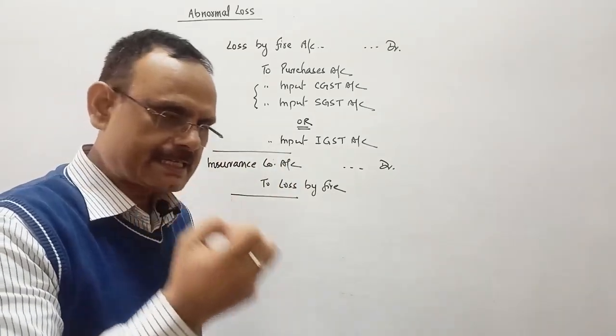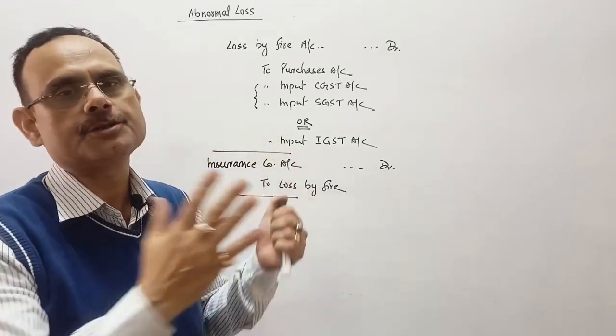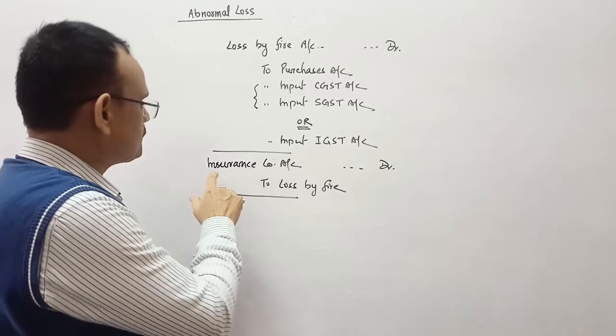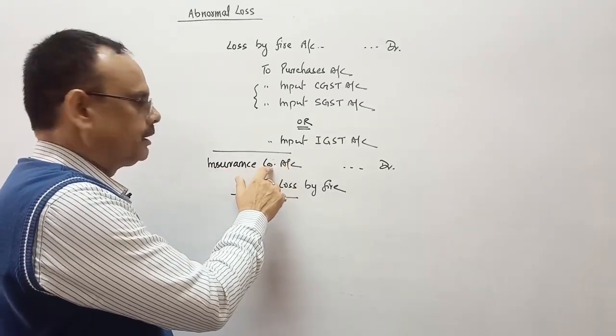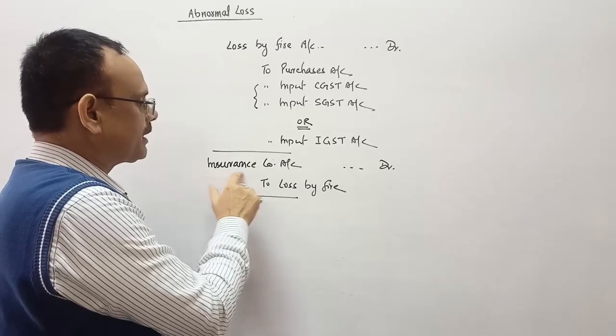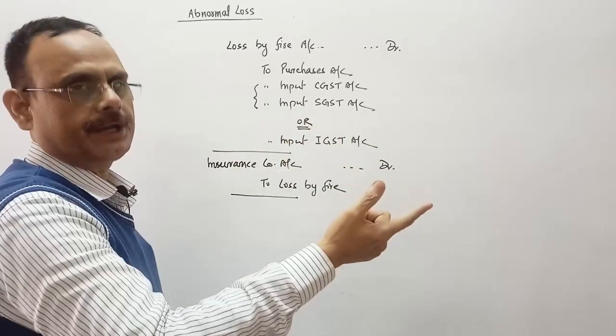If the company has received 100% claim, then there is no loss. So that claim amount will be transferred to insurance company. So you may debit the insurance company account or the insurance claim account.